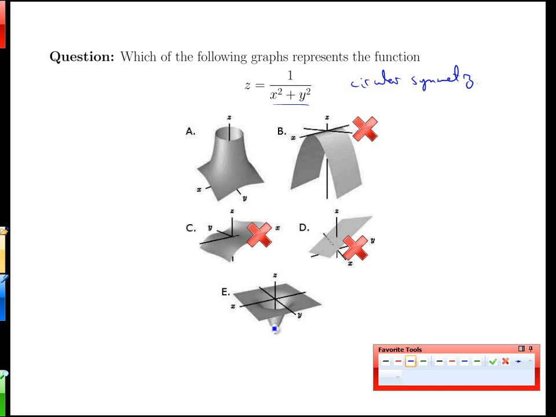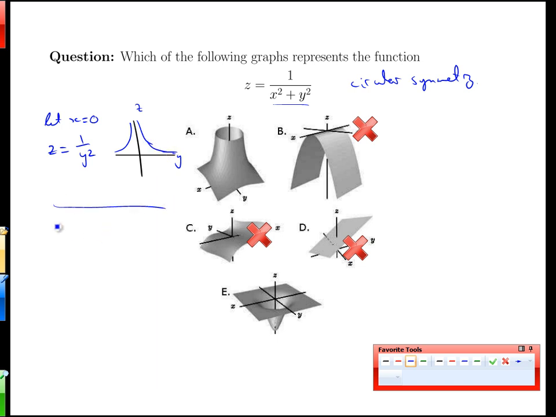There are a few ways you can approach this. One is what we just did before. I'll show you both the techniques and then let you decide what the final answer is. If we let x equal 0, then the profile we get is 1 over y squared. And you know what that looks like in terms of a yz graph. It looks like this, 1 over y squared.